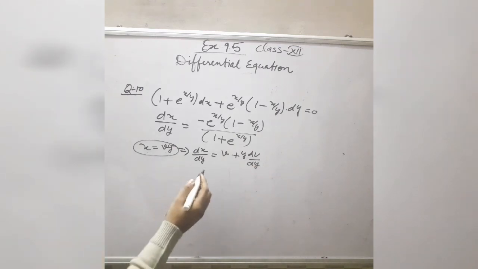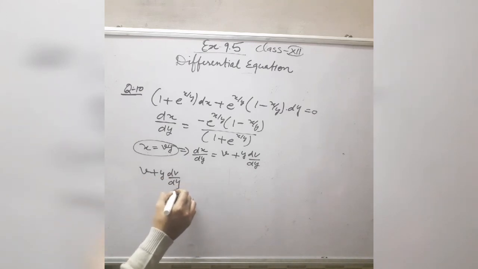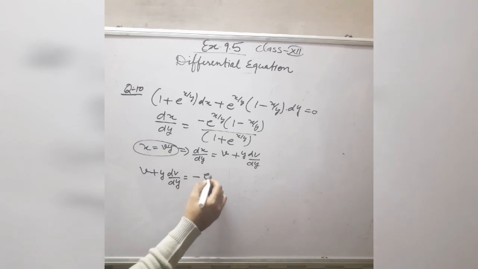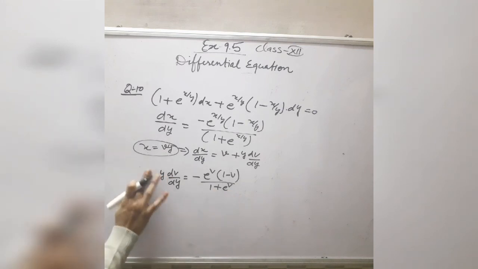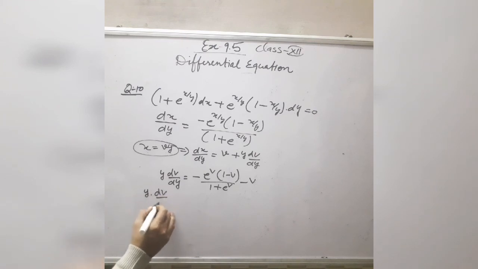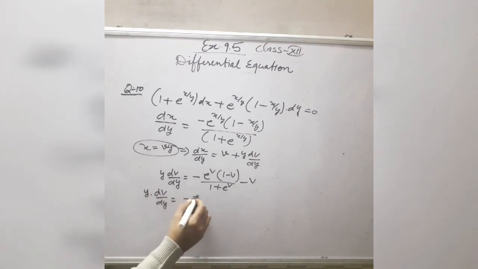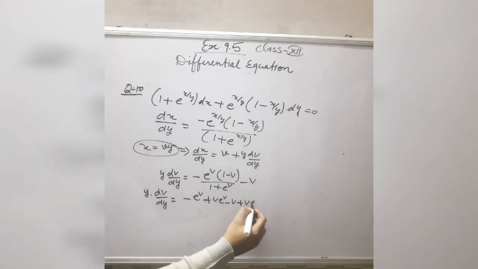So using these values you will get v plus y into dv by dy is equal to minus e raised to power v (1 minus v) by (1 plus e raised to power v). Now this plus v comes on this side, it becomes minus v. When you simplify it, y into dv by dy, you will get minus e raised to power v plus v into e raised to power v minus v plus v into e raised to power v.